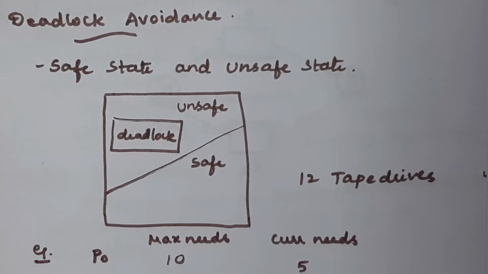So we go for the alternative method, which is nothing but deadlock avoidance. This is another way of not allowing deadlock to occur in the system.